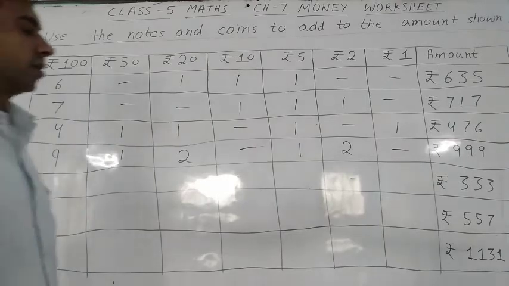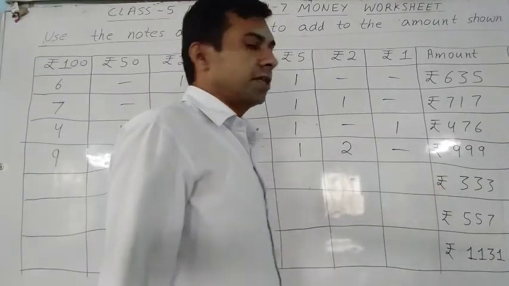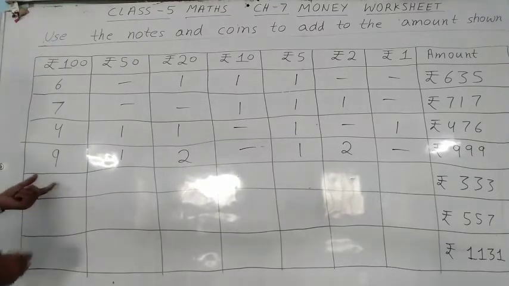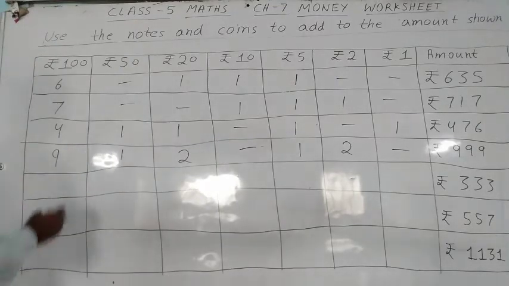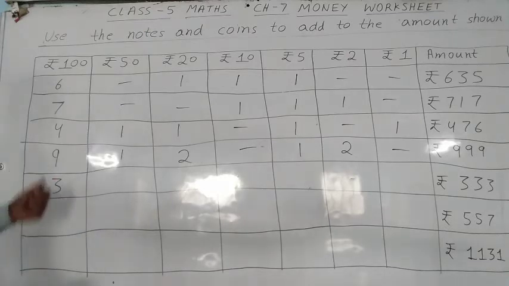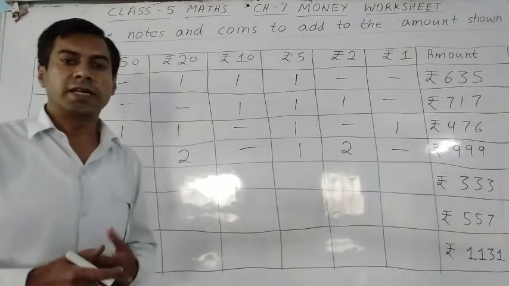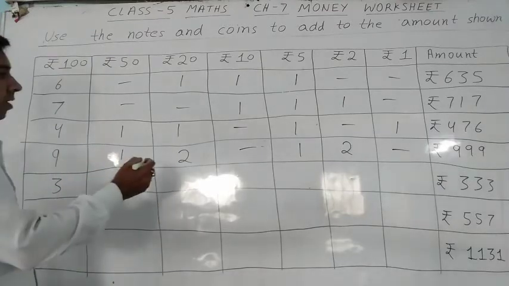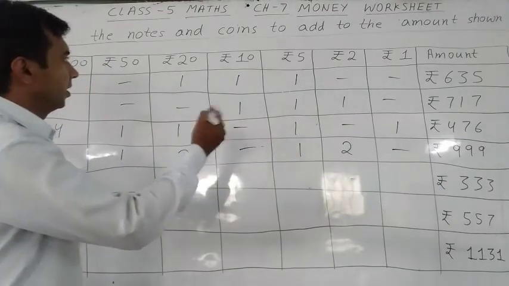Next, 333. How many 100 rupees notes do we take? 3 notes of 100 rupees. 3 into 100, 300. So student, now 33.